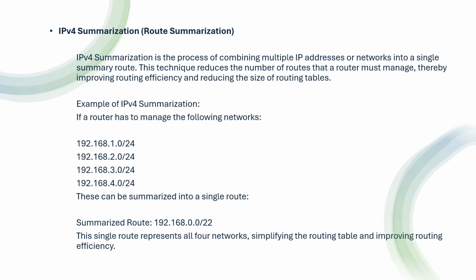IPv4 summarization. Okay, it is the process of combining multiple IP addresses or networks into a single summary route. Here you can see different IP addresses of different subnets. 192.168 is common in every network, and we all know what is common: the network part is common for every IP address. And this is the uncommon part.